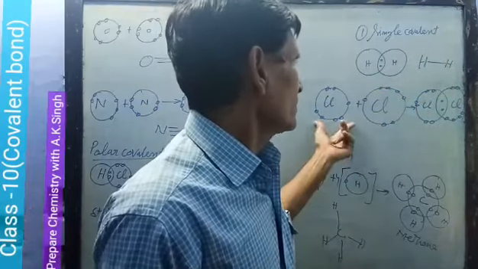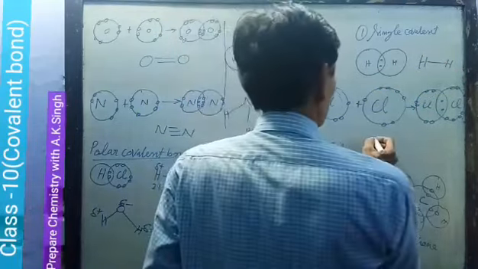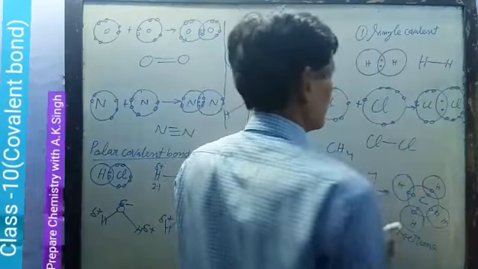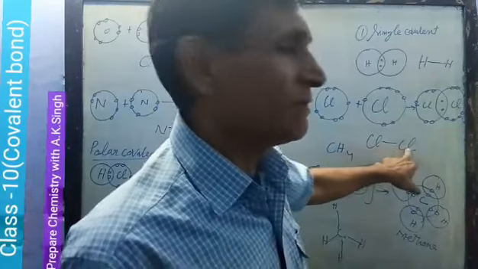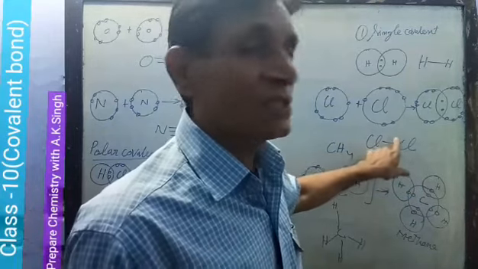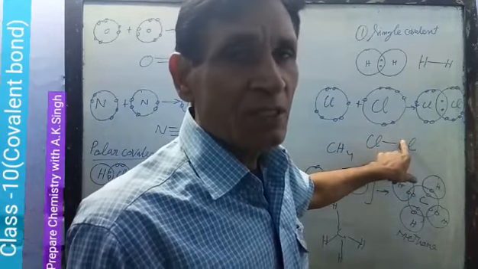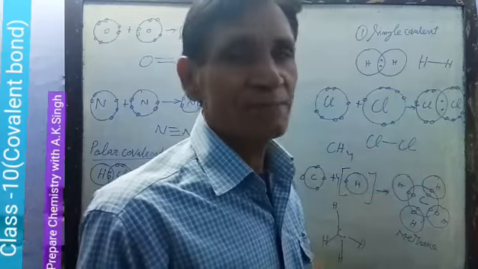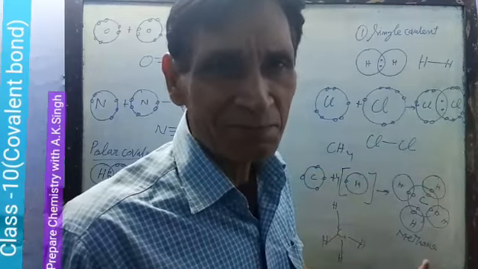Another one, chlorine. Chlorine is also non-polar because both are having the same electronegativity. The shared electron pair is in the midway, attracted equally at equal distance, not shifting towards any atom.